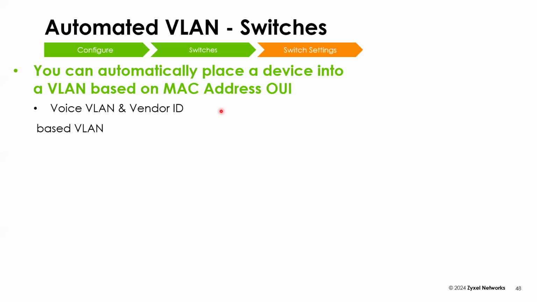So what you can do is set up rules so that when you connect a device to the switch, it looks at what those first 6 digits are. And if you have set it up, it will automatically assign a certain VLAN to that device based on the MAC address. That way you don't have to manually track which devices are plugged in on which port and do it on a port basis.